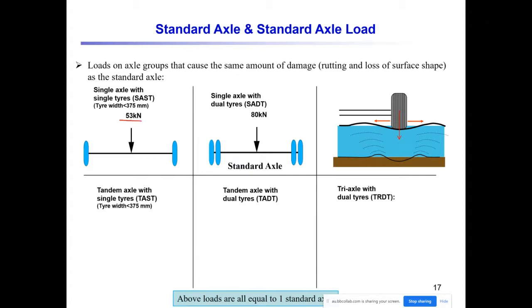The level of deflection you get on the road would be equal to the level of deflection you get from this standard axle, which is single axle dual tire with 80 kilonewton. So these two are considered equivalent to each other.